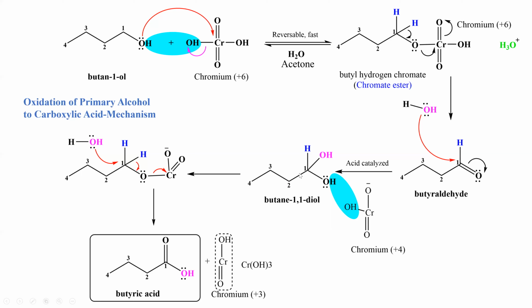Now here, if you go to the next step, again there is the chromate ester which has formed, but now chromium is in the oxidation state 4, which will further convert into chromium 3. So here again a water molecule attacks on it, and this will eliminate here, and we will get this as a product.